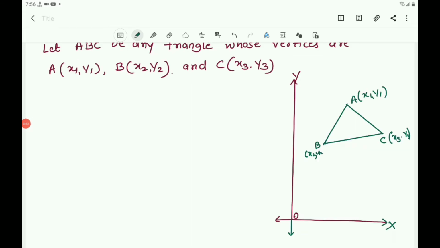Let us draw the perpendiculars to the x-axis from A, B, C. They are AP perpendicular to the x-axis, BQ perpendicular to the x-axis, and also CR perpendicular to the x-axis.